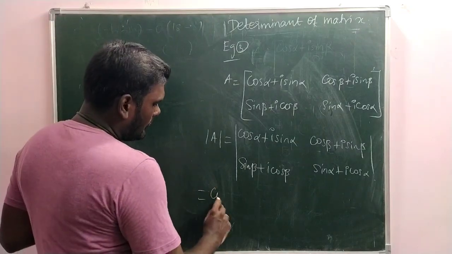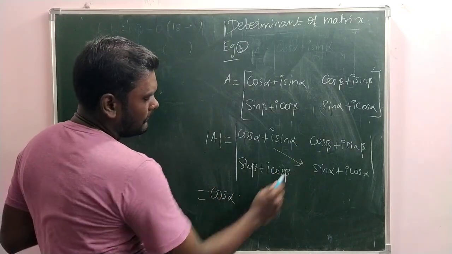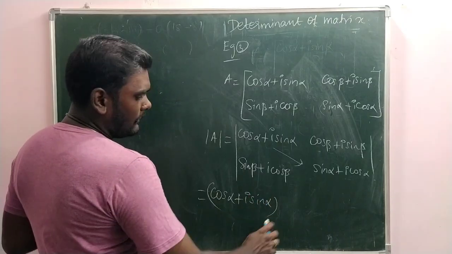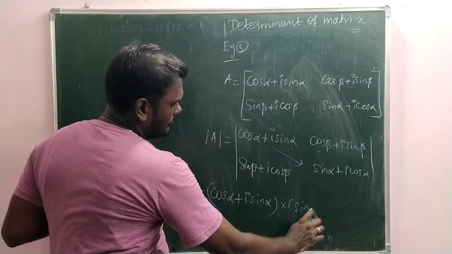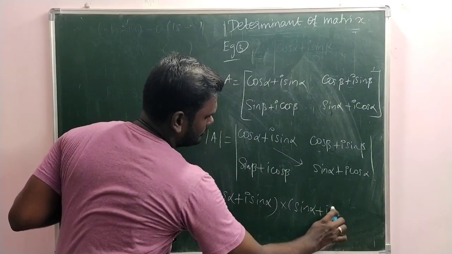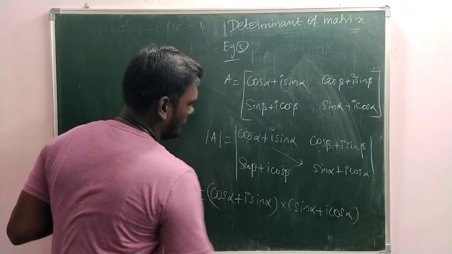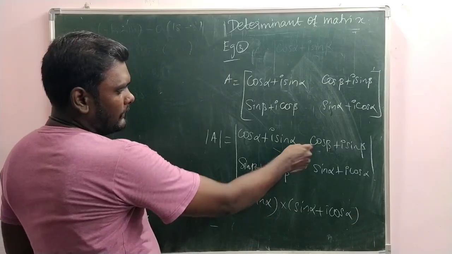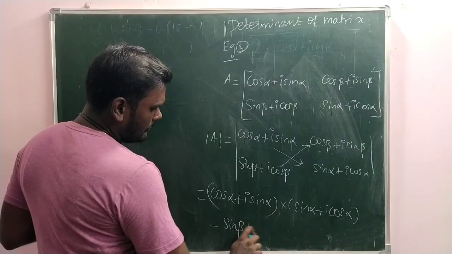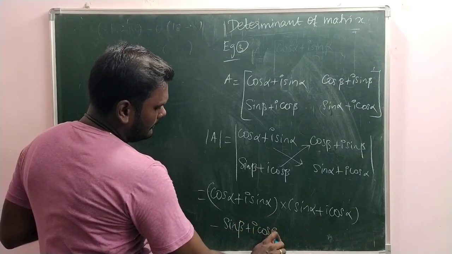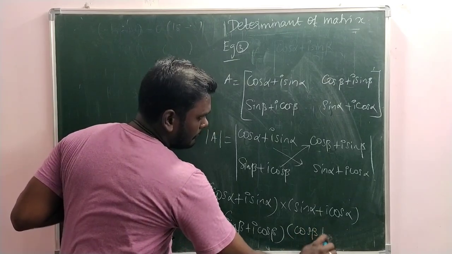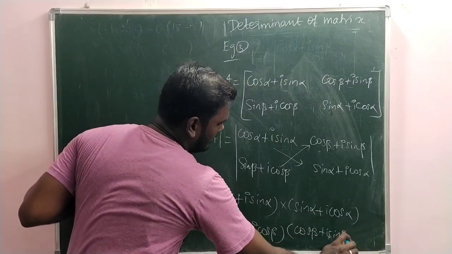Okay, so these two elements should be multiplied: cos alpha plus i sin alpha into sin alpha plus i cos alpha. Both are different, they are not the same things, and minus these two elements: sin beta plus i cos beta into cos beta plus i sin beta.